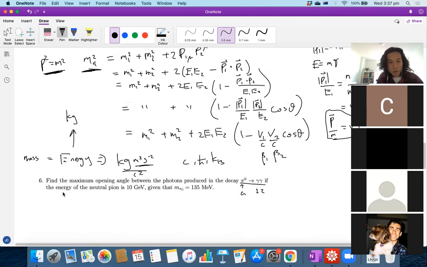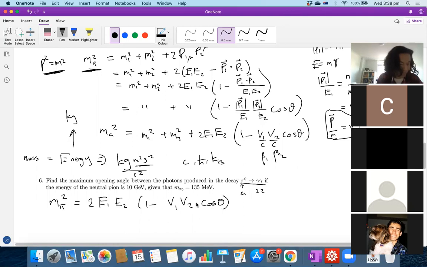So we know that M_A squared has to be M_1 plus M_2, and so on. If A is the pion, then m_pi squared is equal to, since M_1 and M_2 are the photon masses, they disappear, they're 0. All we have left is 2 times the energy of photon 1 times the energy of photon 2, times 1 minus v_1 v_2 cos theta.